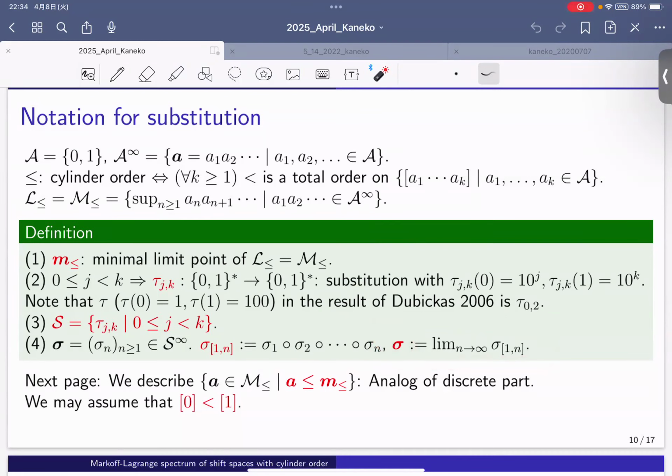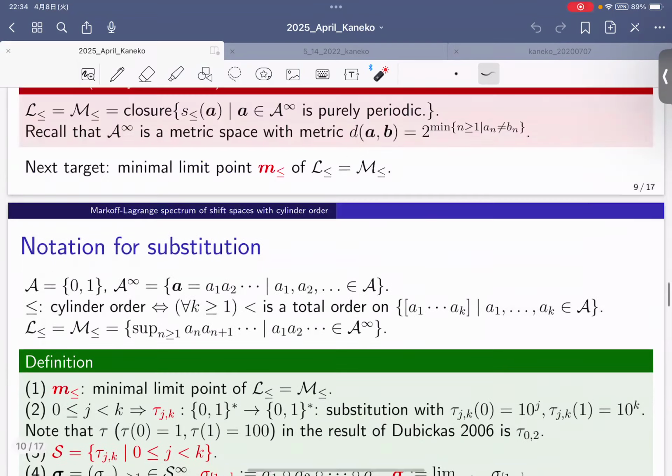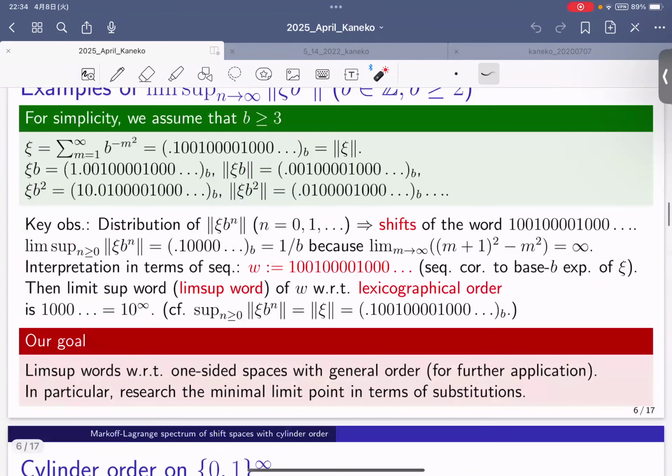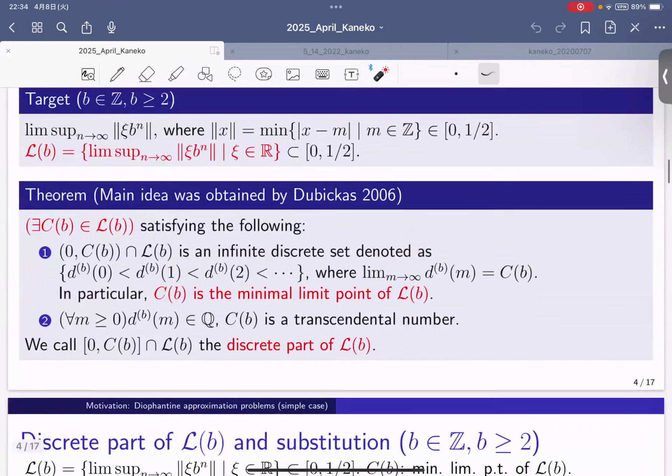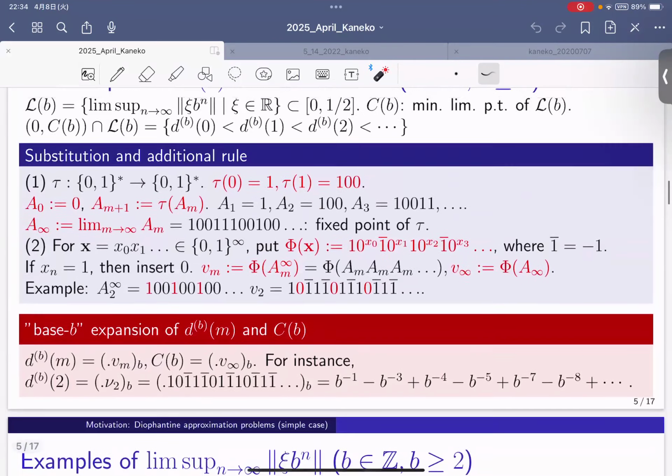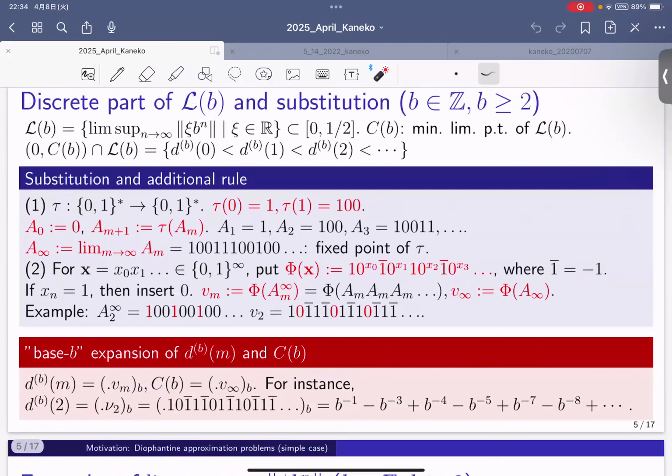We can show that this always converges, like this.